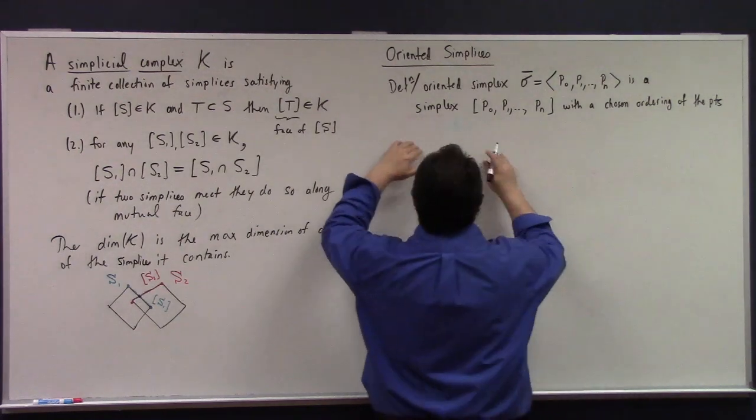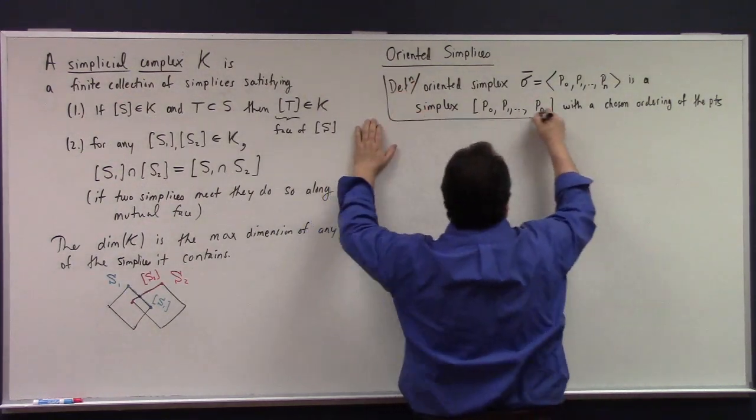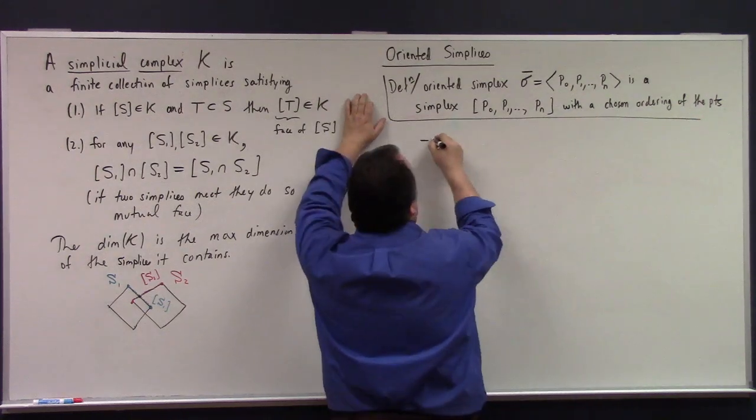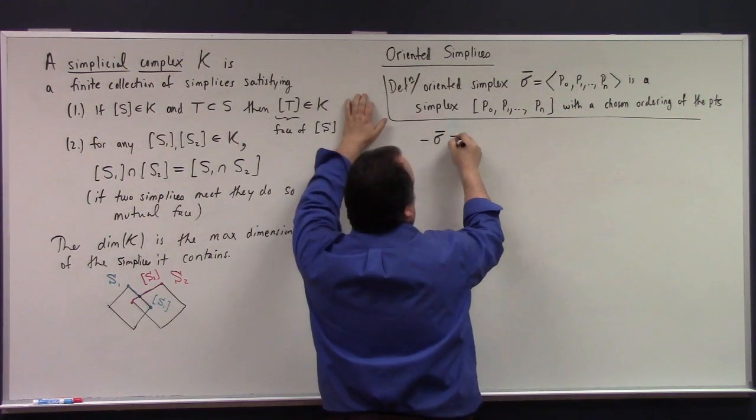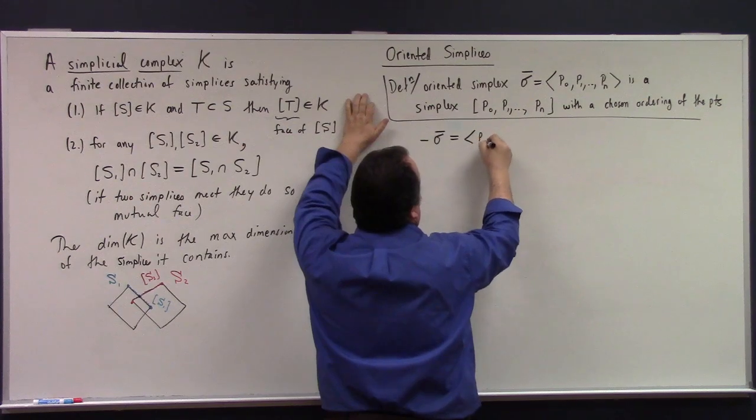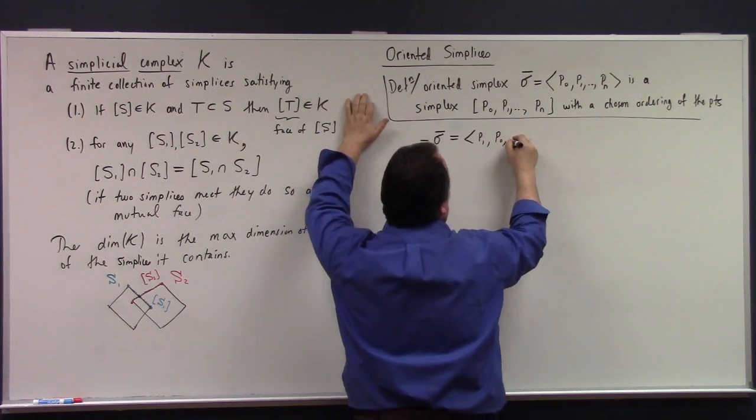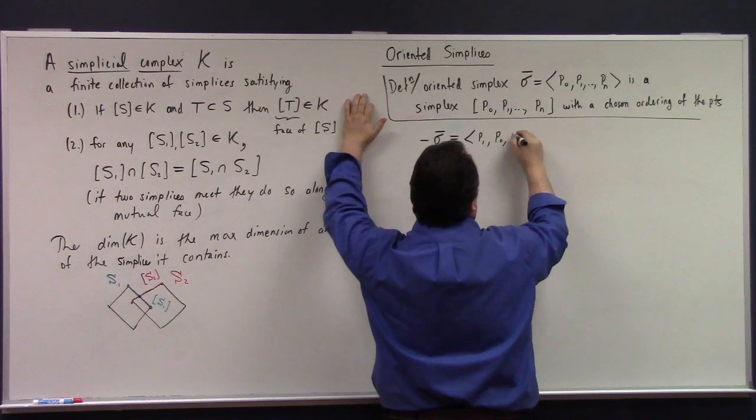So here's, for instance, minus sigma bar would be something like P1, P0, everything else the same.